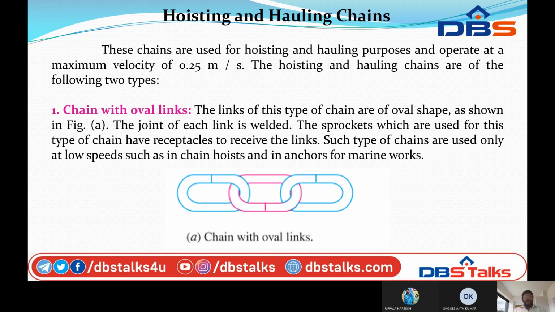The links of this type of chain are of oval shape as shown in the figure. We can see the figure at the bottom, the chain with oval link. The joint of each link is welded. We can see the welding also.